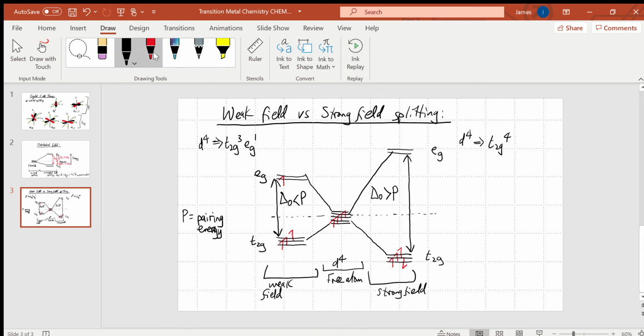So let's change the pen color to green. We won't talk about spin too much in this video, but we'll just mention it in passing. The strong field ligand produces a low spin complex, and the weak field ligand generates a high spin complex.